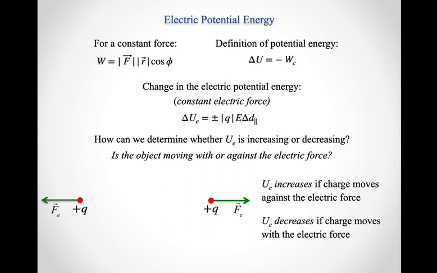Which way is the other charge going to want to push it? Then I know which way the electric force points. And if it's moving with that electric force, the electric potential energy will decrease, and I need a negative. On the other hand, if it's moving against the electric force, the electric potential energy will increase, and I'm going to need the positive sign. So that's the big idea.